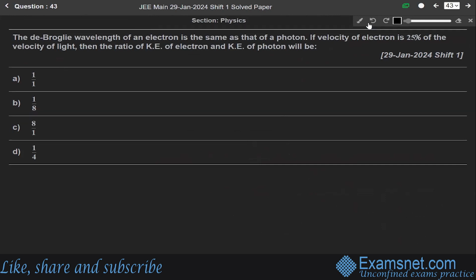Now next question, question number 43. According to this question, the de Broglie wavelength of an electron is same as that of a photon. If velocity of electron is 25% of the velocity of light, then find the ratio of kinetic energy of electron and kinetic energy of photon. This question is from the chapter Modern Physics.